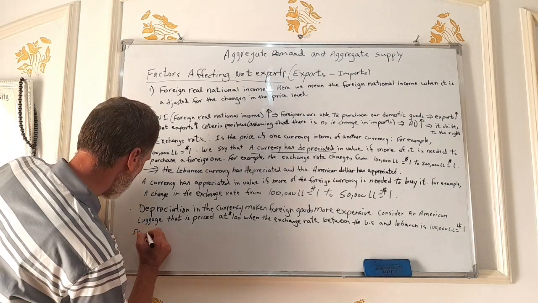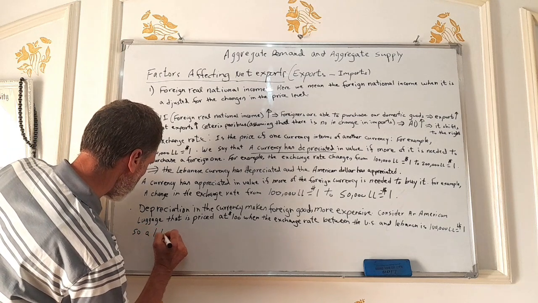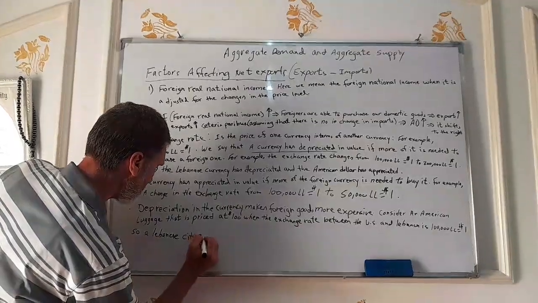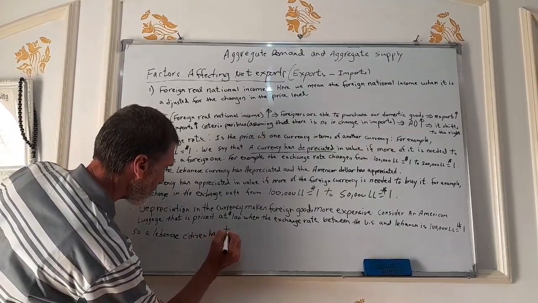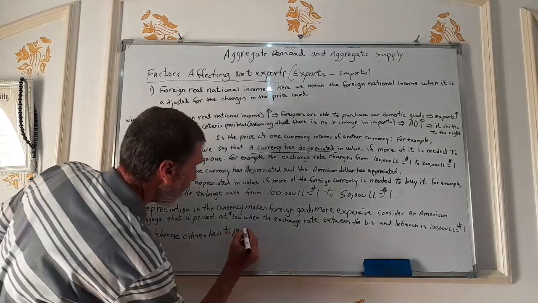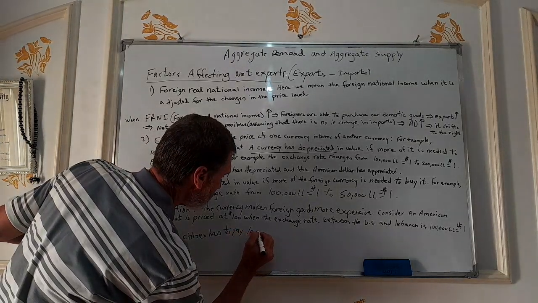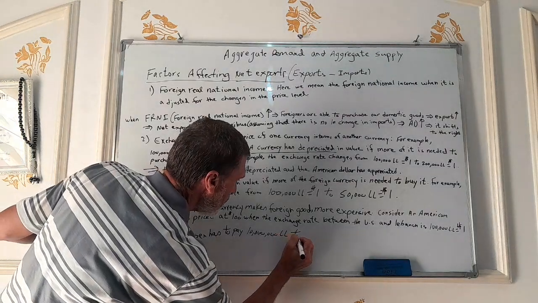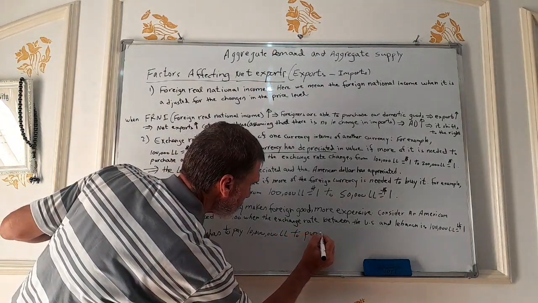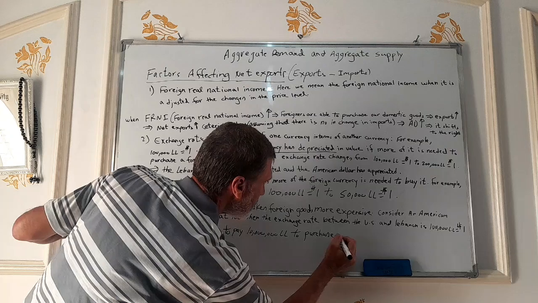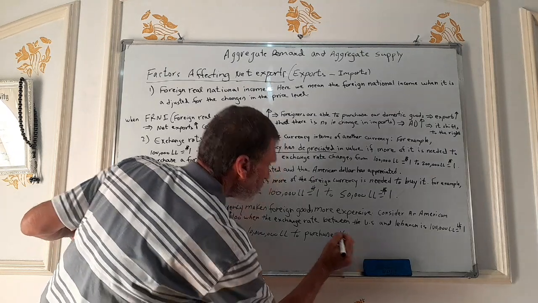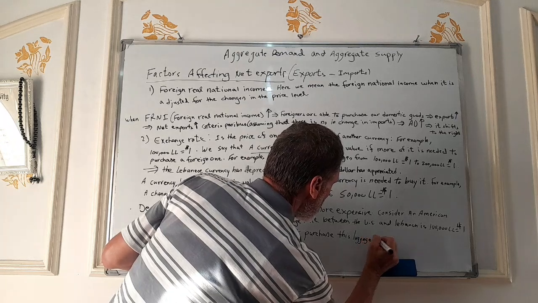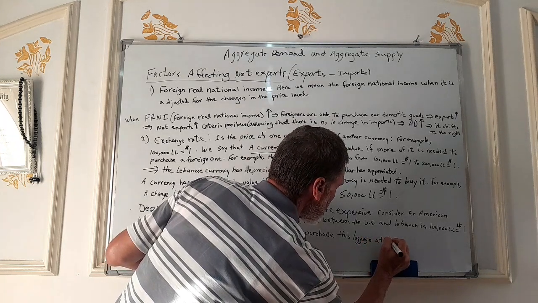So a Lebanese citizen has to pay 10 million to purchase what? To purchase this luggage. At this exchange rate.